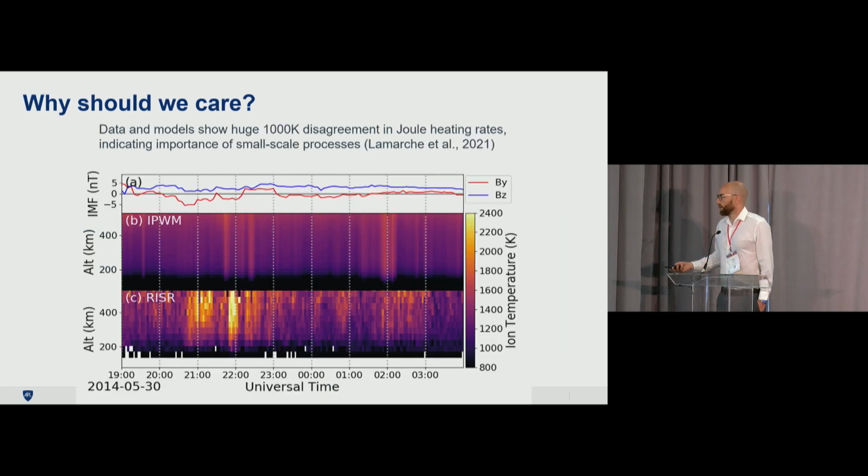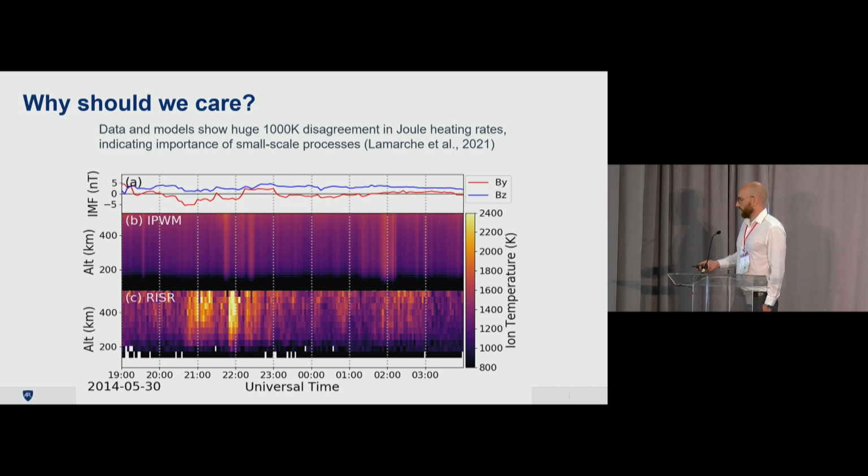And what that translates into, when you try to model how hot the ionosphere is, this was a result we had from Leslie LaMarche in the first year of the session, I think, even before she published it. We see this like 1,000 Kelvin bias in the temperature of the ionosphere, so 1,000 Kelvin hotter than what was predicted.